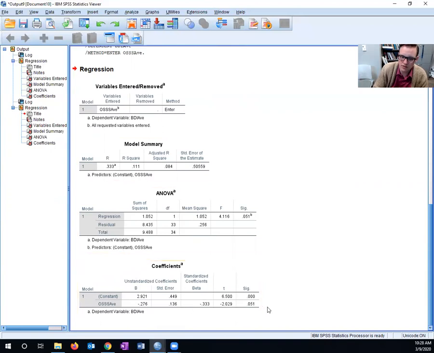If I wanted to explain the relationship between social support and depression, I would write the Latin letter B equals this, comma, lowercase italicized b equals that, that's your standardized beta, comma, italicized SE, standing for standard error, equals that, comma, t, and my degrees of freedom are right here, 34, equals 2.029, comma, p equals 0.051.